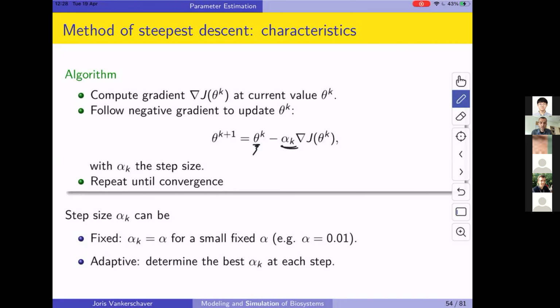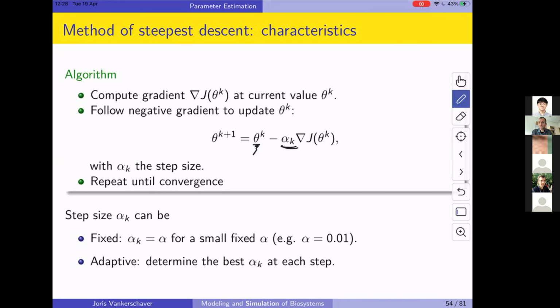Or we can make that variable. When the objective function doesn't change a lot, I'm going to take big steps. And when it changes a lot and I have to be careful that I don't go up another hill, then I'm going to take small steps. So you can make that into an adaptive method as well.